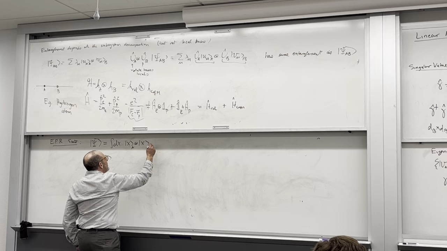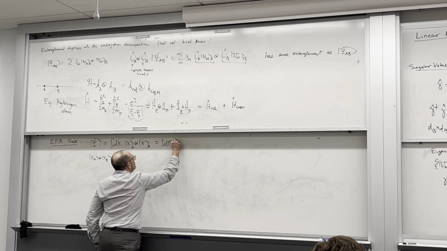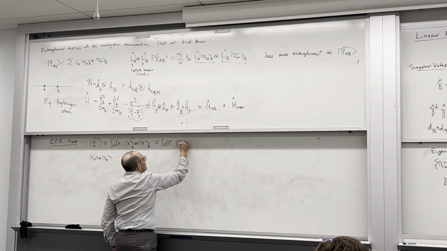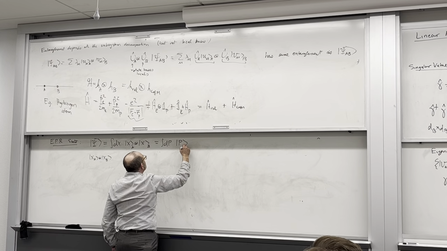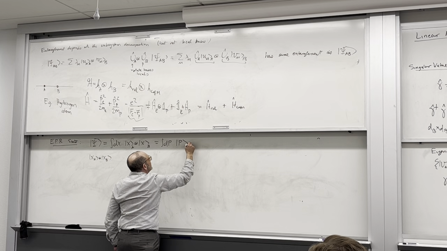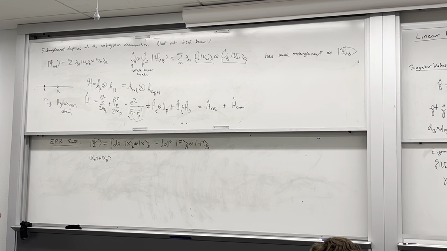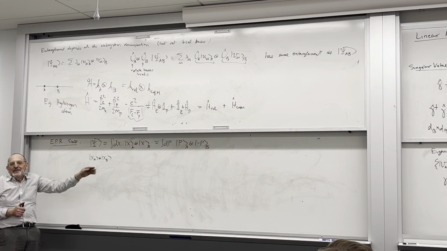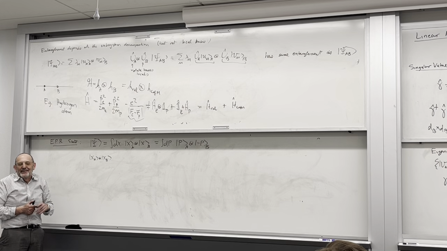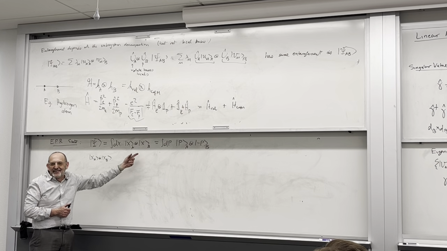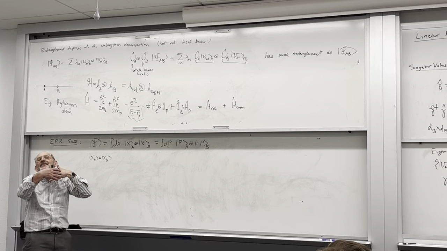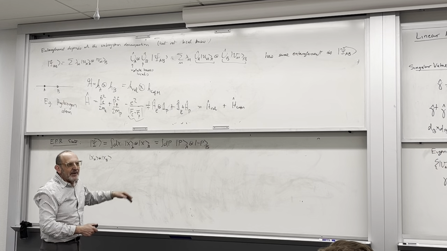Or I can write this in the momentum basis. They have their relative momentum. The center of mass momentum, yes, it's 0. That's the EPR state. Notice, as written, this is a Schmidt decomposition. These are the Schmidt vectors, but it's over a continuous variable. It has an infinite, it's not a normalizable state.